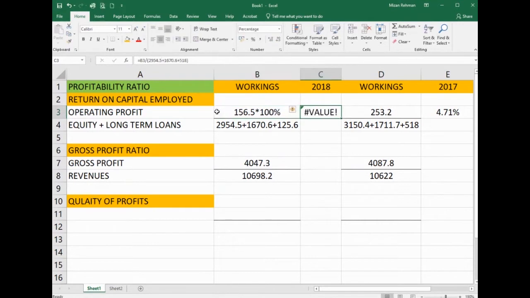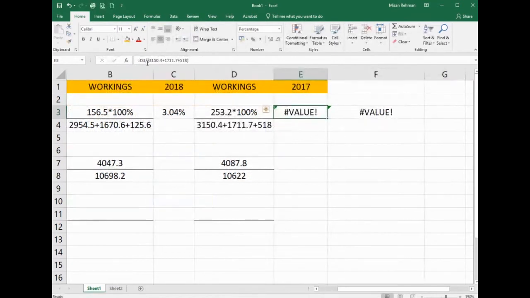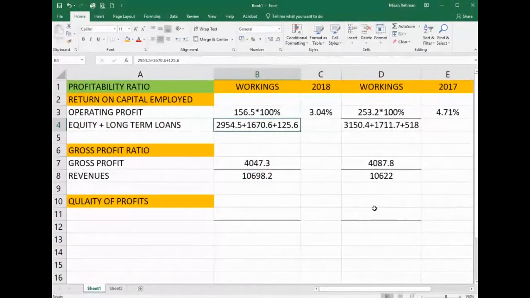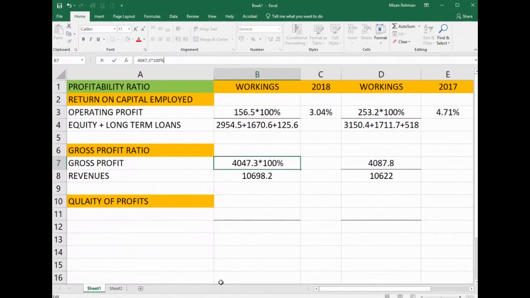The same needs to be done in the workings, multiply by 100%, and divide. So I'll do the same here, times 100%. Now I will solve it.